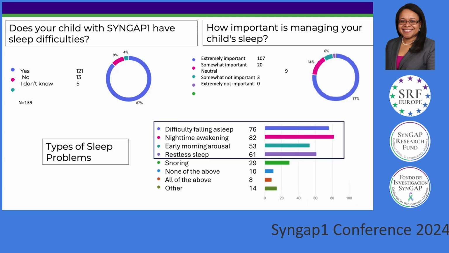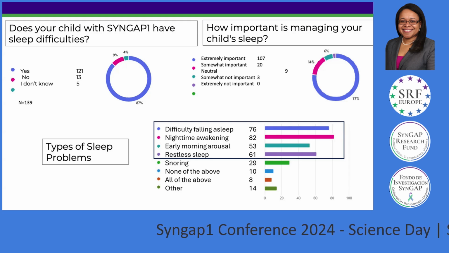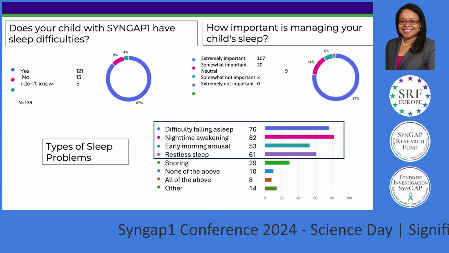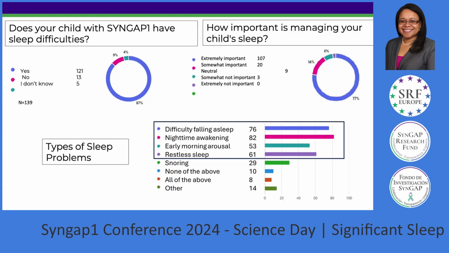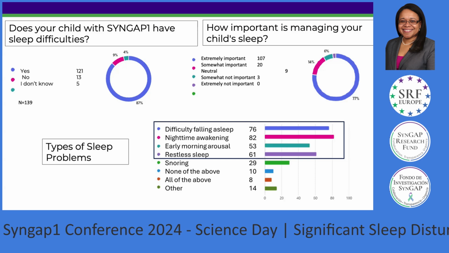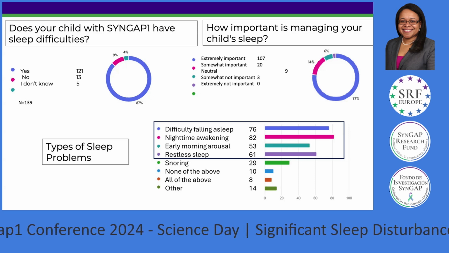We asked, what type of sleep problems does your child have? And the common sleep problems were difficulty falling asleep, difficulty staying asleep, early morning arousal, and restless sleep. And so these all fall within the category of insomnia, right?